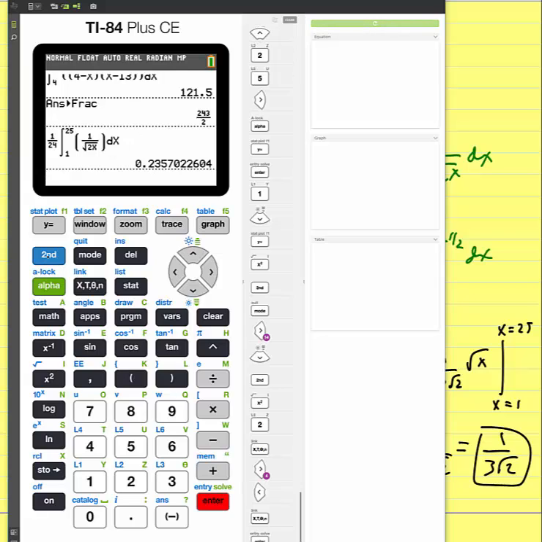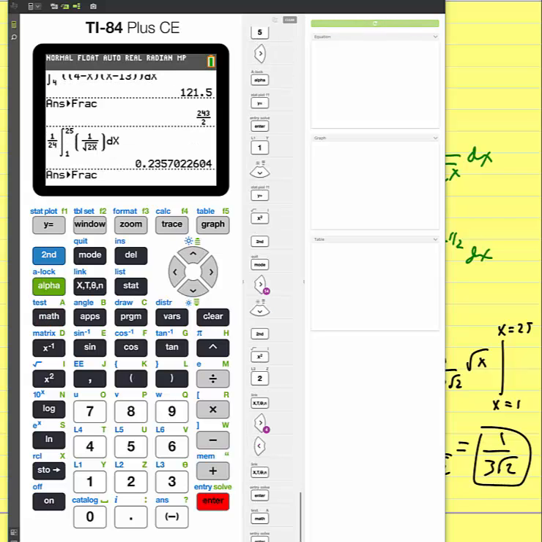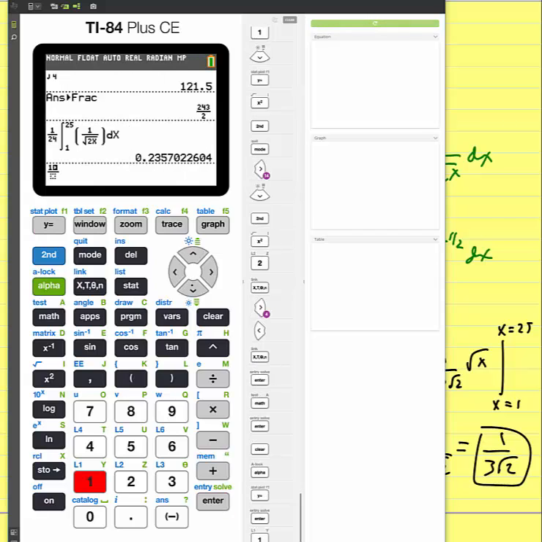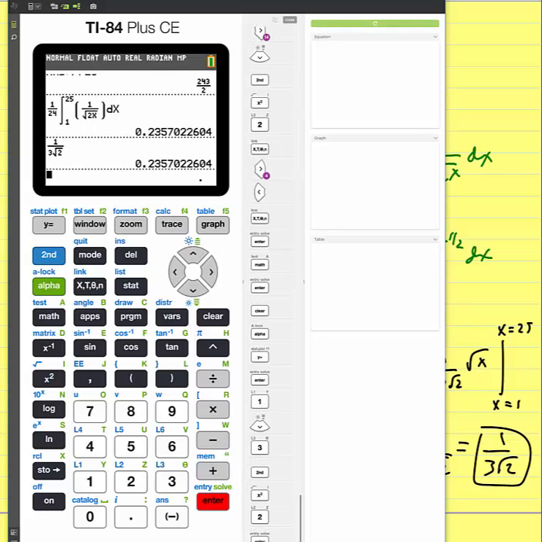So I need to convert that. So we'd go to Math, Frac. You know what? That's not even going to work because it's just going to give me a fraction if it converts it at all. Let's do this instead. Let's just go 1 over 3 root 2 to get our decimal approximation from our solution and see if they match. And they match, and so that tells me that I have the correct answer.